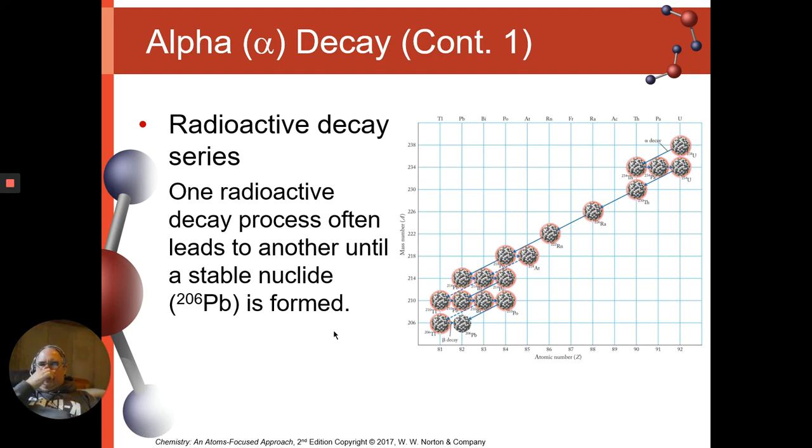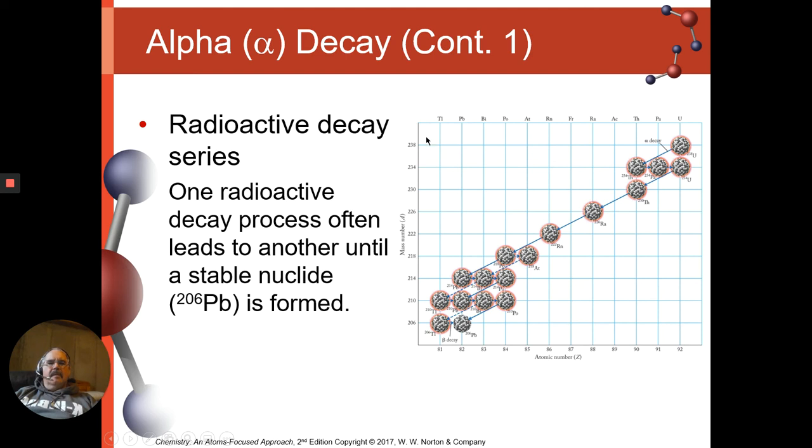Here's one of 4 naturally occurring radioactive decay chains. On this particular one, which starts with uranium-238, the end of the chain is stable lead-206. So uranium-238 undergoes alpha decay.